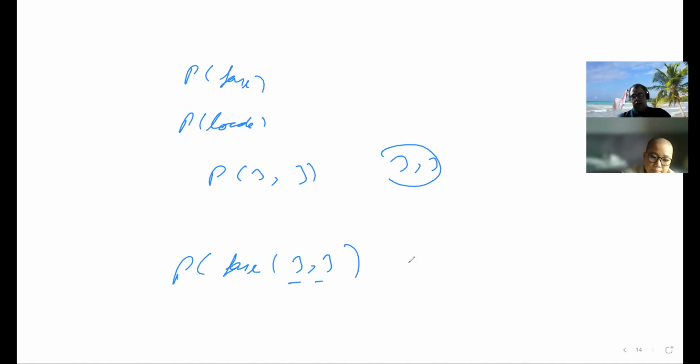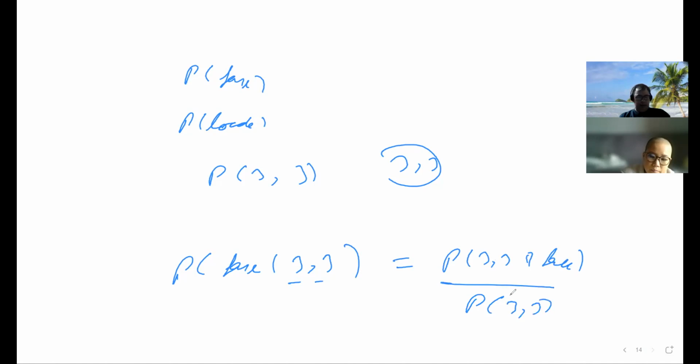Will it not be P(3,3 and fair) upon P(3,3)?